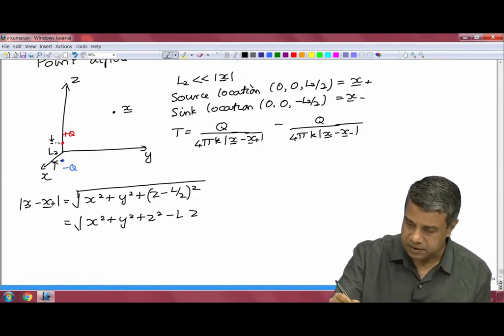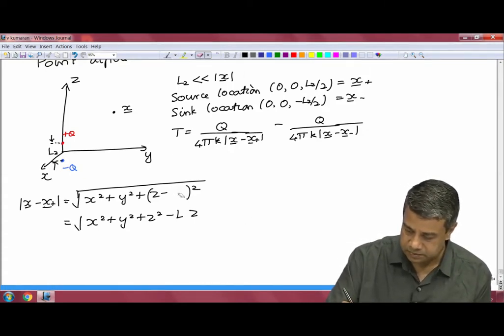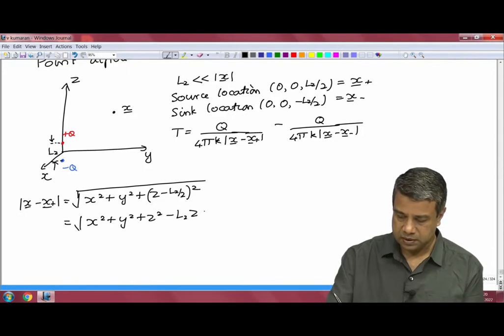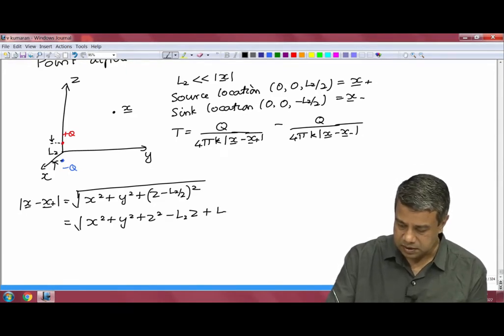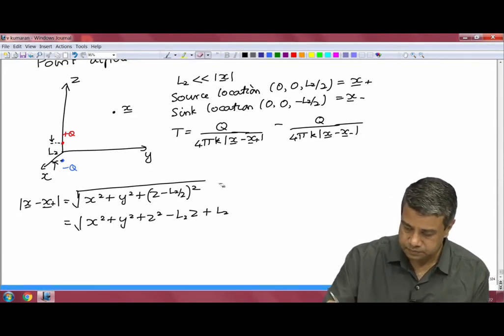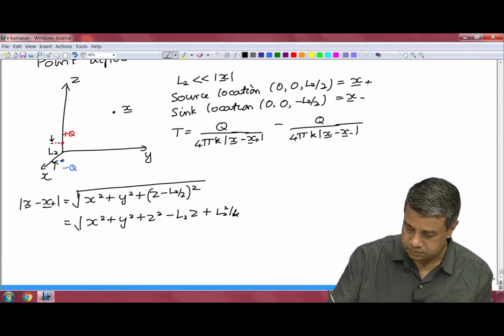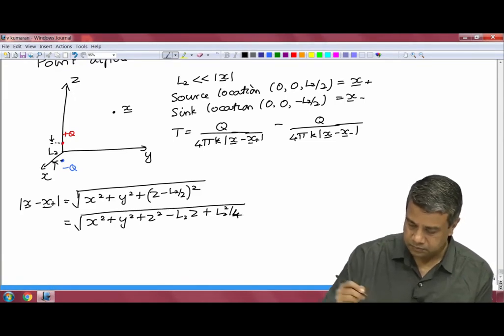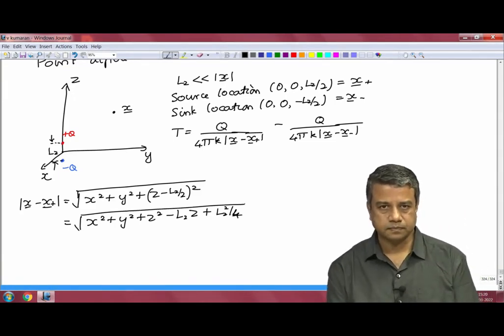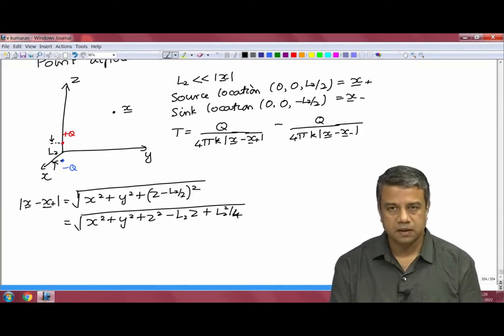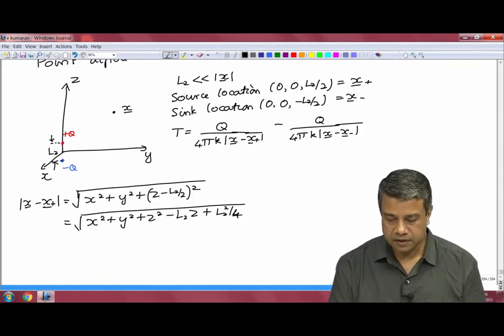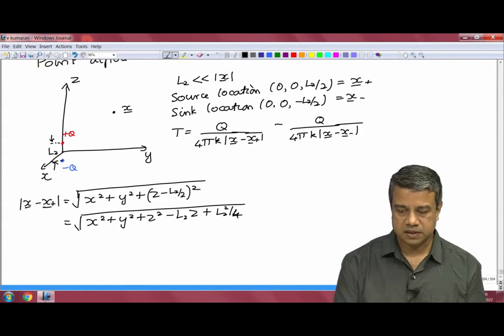So, this will be L z by 2, plus L z, and I can take a common factor of x square plus y square plus z square out.